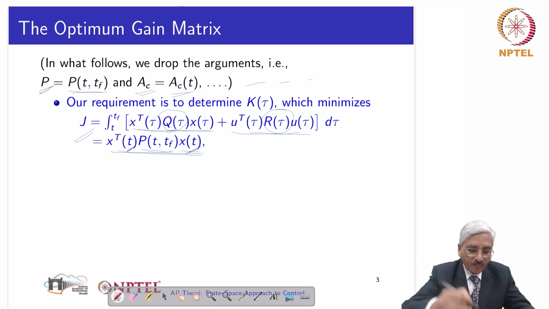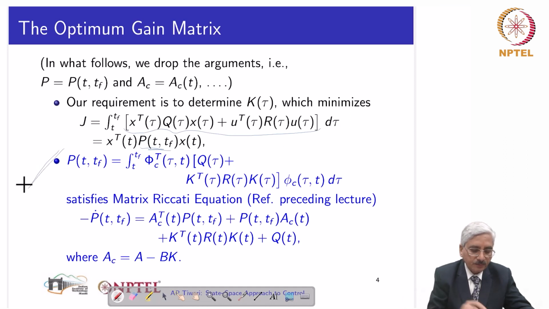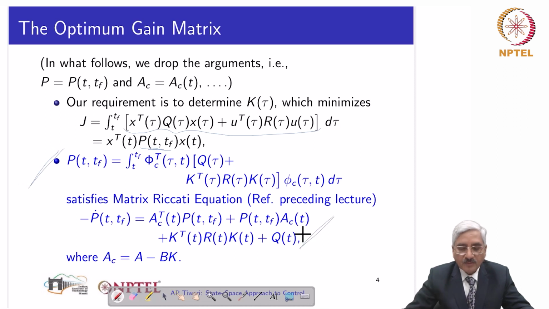This part, which is P, is given by this. This is the solution, and this is the Riccati equation which is satisfied by this solution. Of course, A_c is the closed loop system matrix A minus BK.